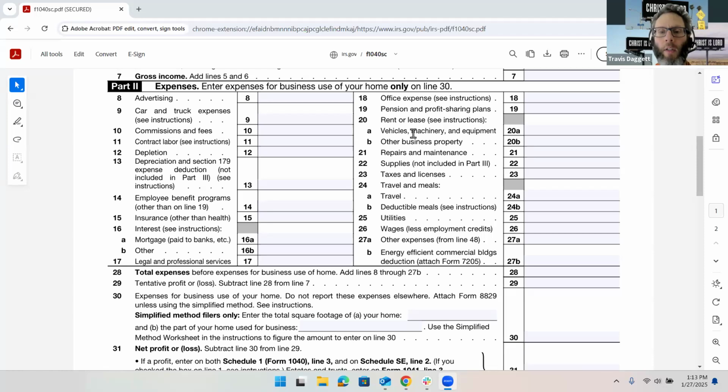And then these items, vehicle, machinery, and equipment, typically wouldn't be just a business vehicle. That would be over in the car and truck expenses. Repairs and maintenance could be a property. And then supplies that you're not including in cost of goods sold.